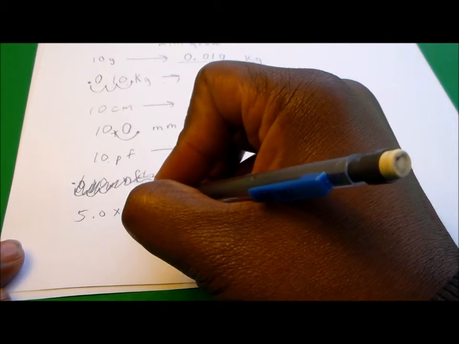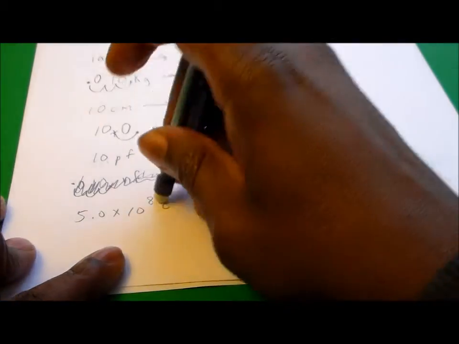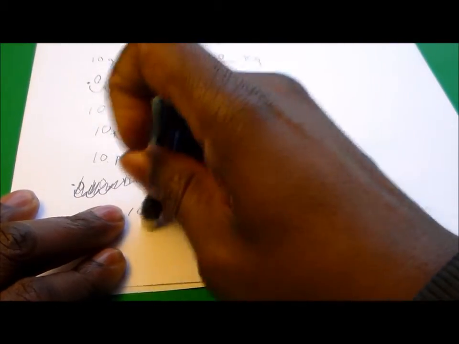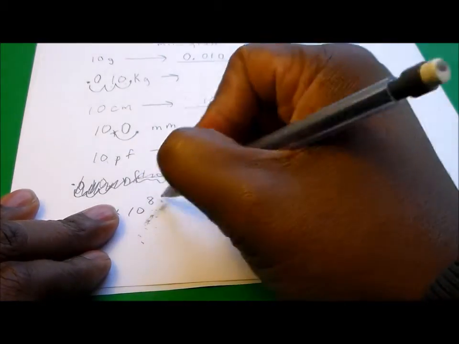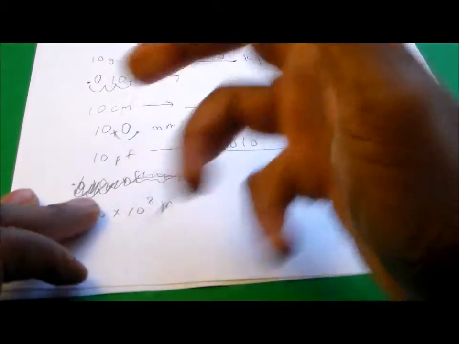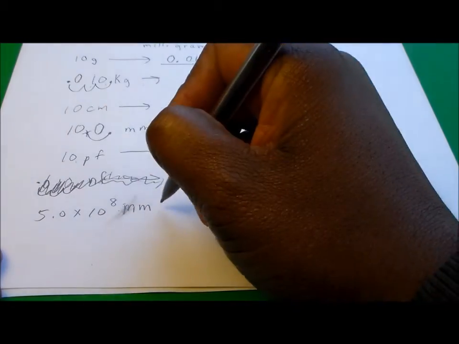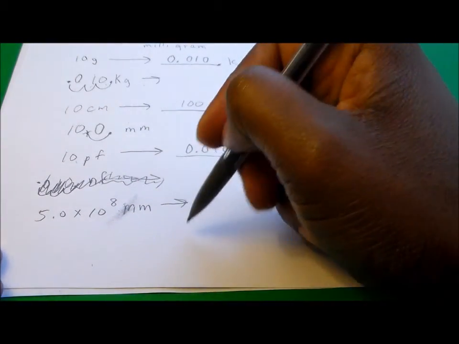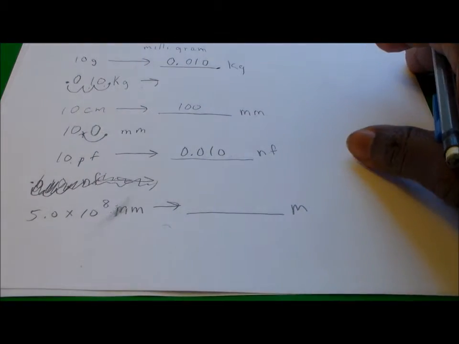Let's say your number is 5.0 times 10 to the 8, and let's make the units millimeters. We're asked to convert that now over to just simply meters.